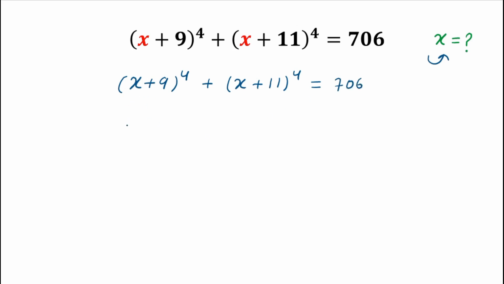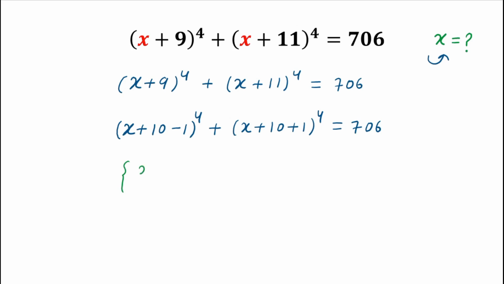This x+9 is (x+10-1)^4 plus x+11 is (x+10+1)^4, equals 706. Now here we will apply substitution.